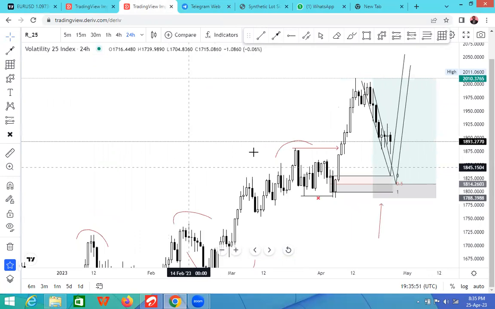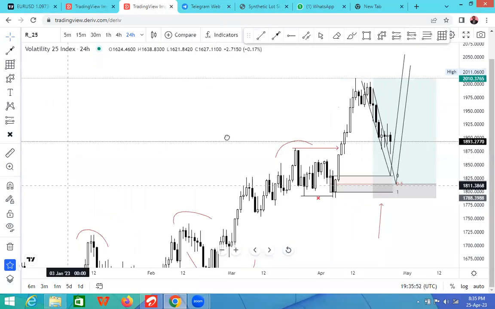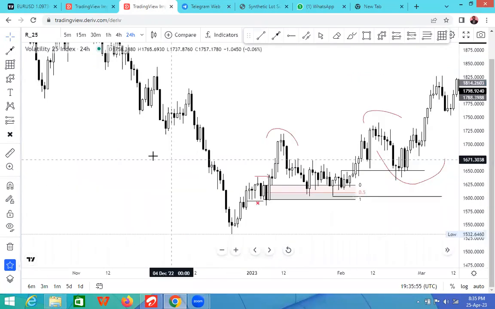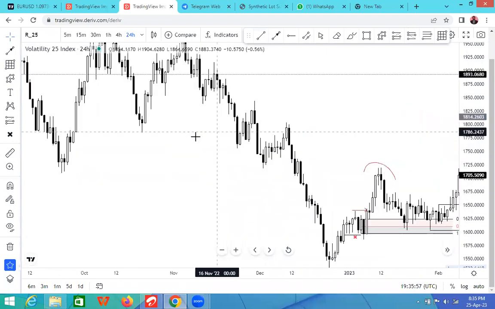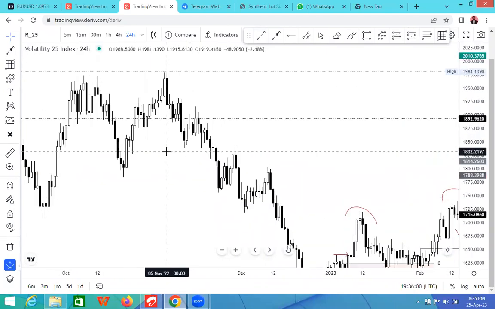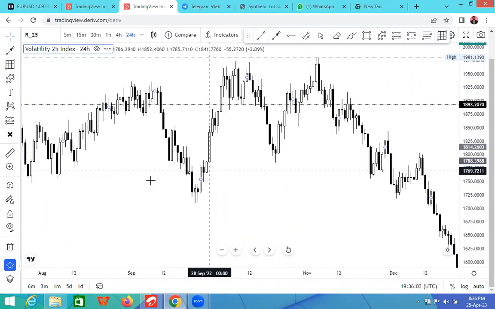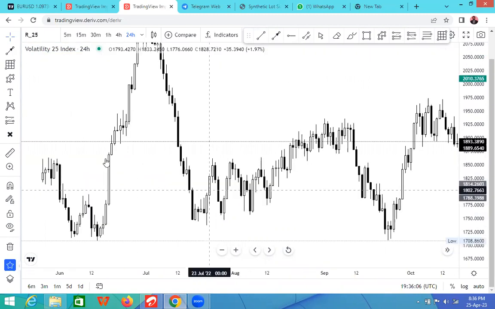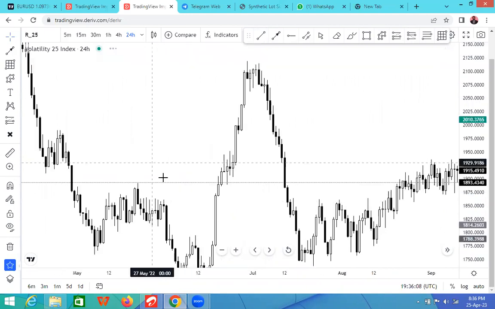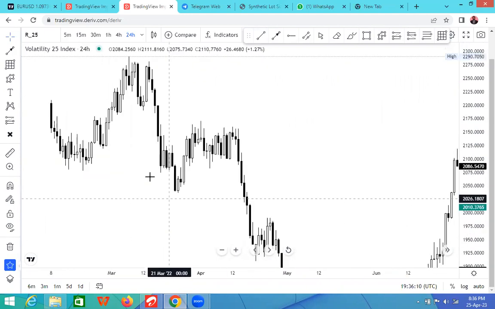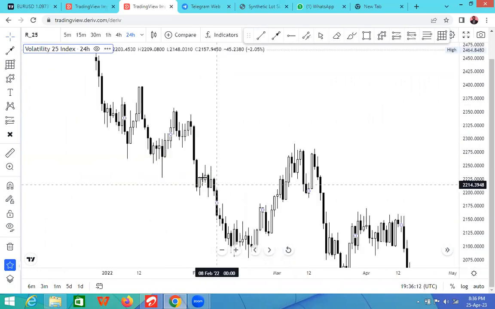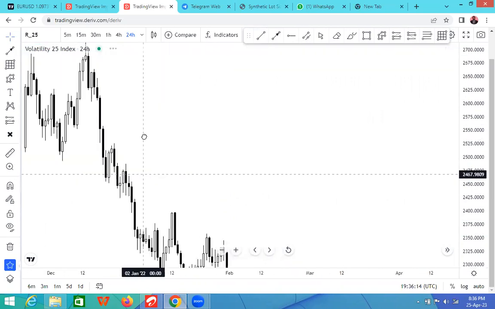So let's go. This is VIX 25. Let's look for these institutional candles in this chart, or smart money candles. Remember, I said liquidity is injected in that candle.